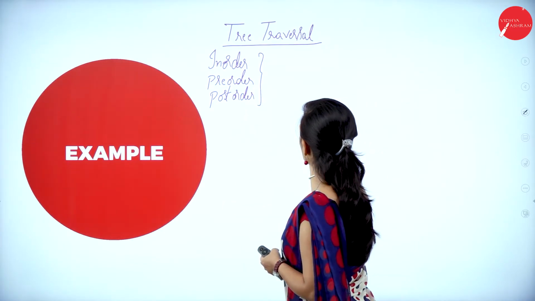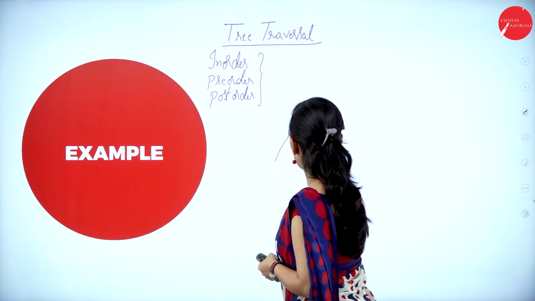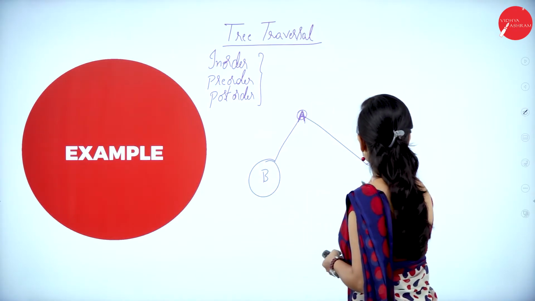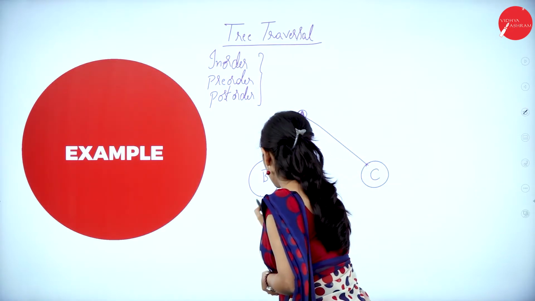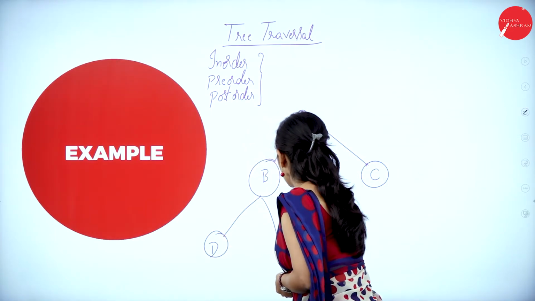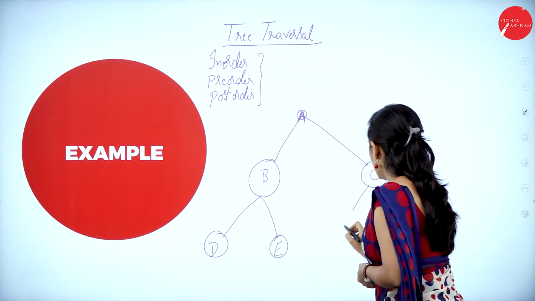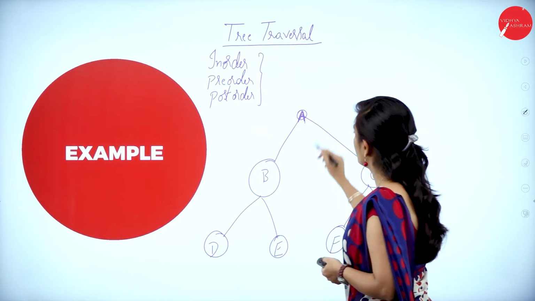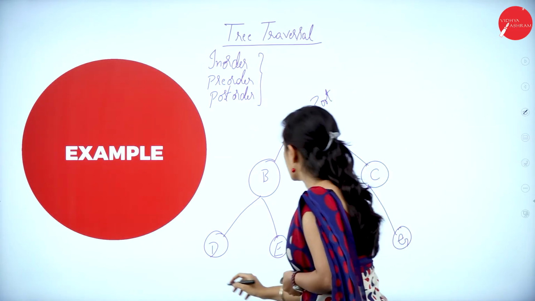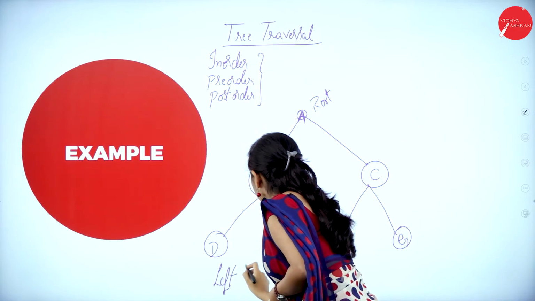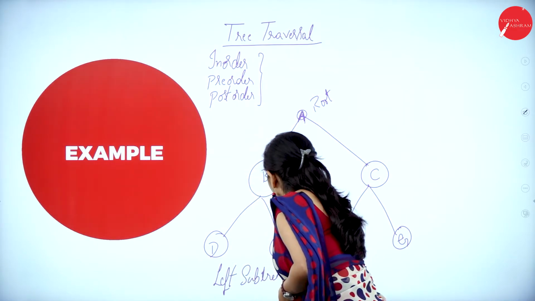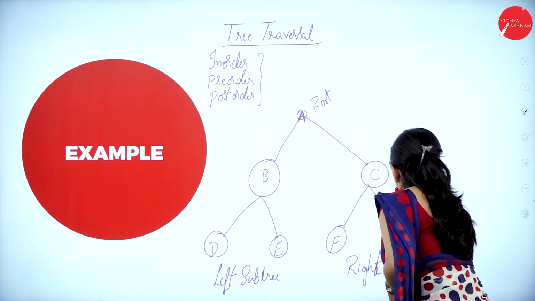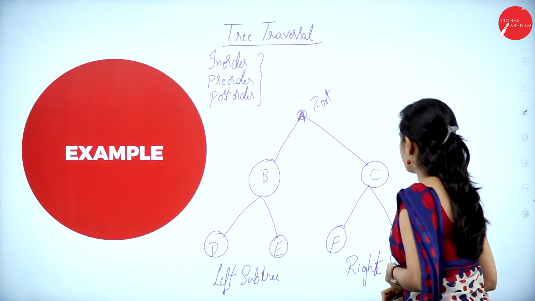This is the root A, this is B, and here it is C. Now B has 2 children, D and E, and C has 2 children, F and G. This is called the root, and this is the left subtree and right subtree.